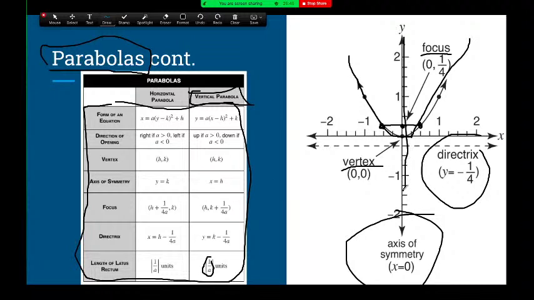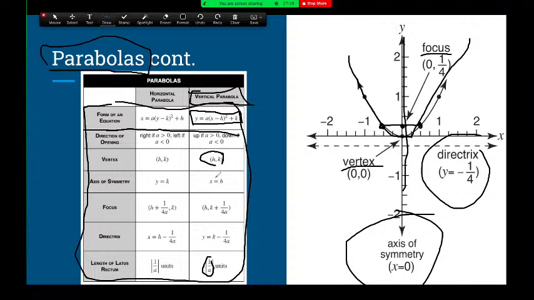This is the standard form of the equation for a parabola, and this is the vertex.